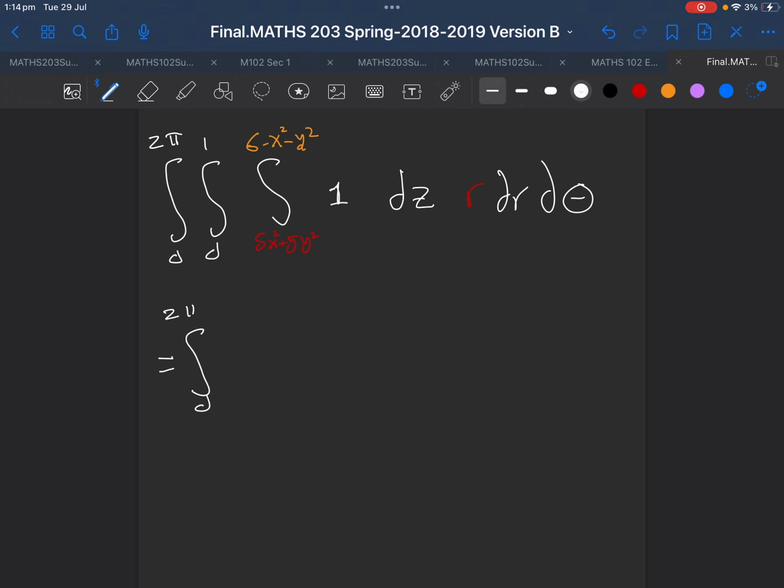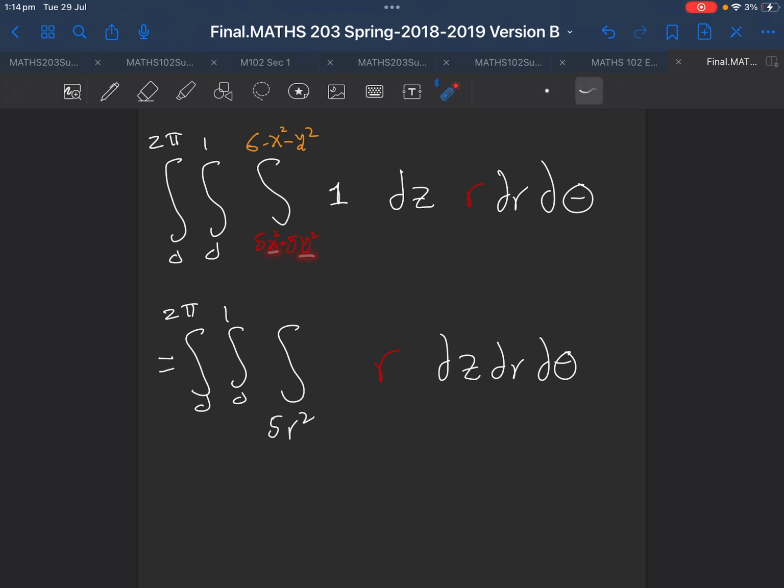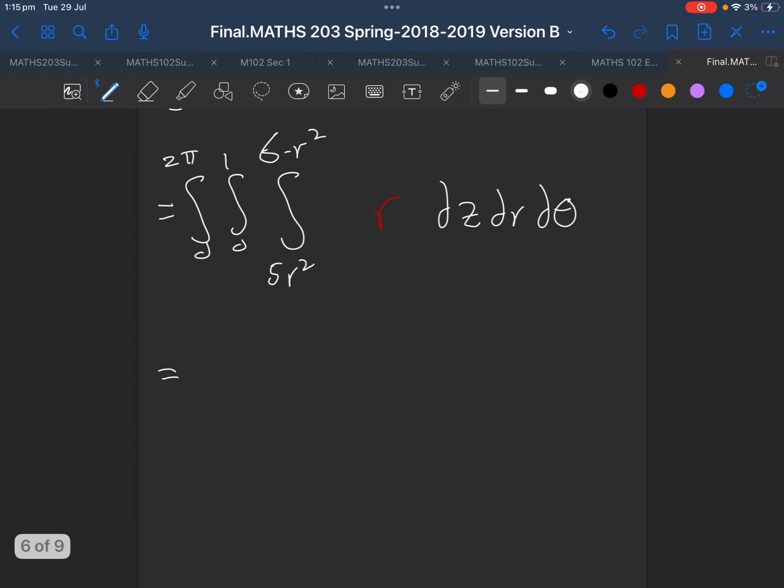Of course, this integral has to be rewritten in a better way because everything must now be in terms of r and theta: dz, dr, d theta, and here we have r. This will be just 5r squared. Why? Because x squared plus y squared is r squared, and the top one will be 6 minus r squared. And now all we need to do is evaluate this integral.